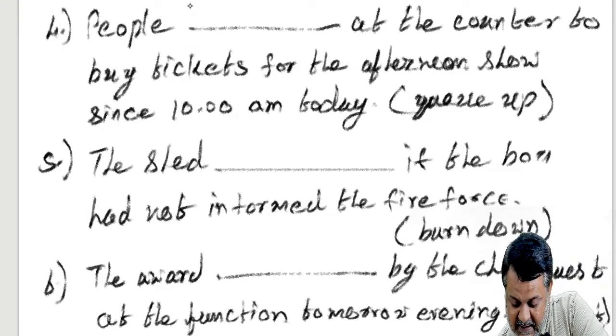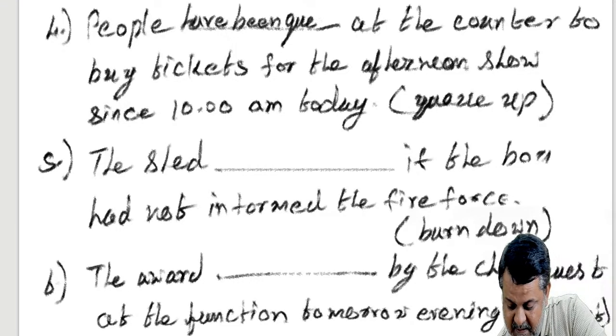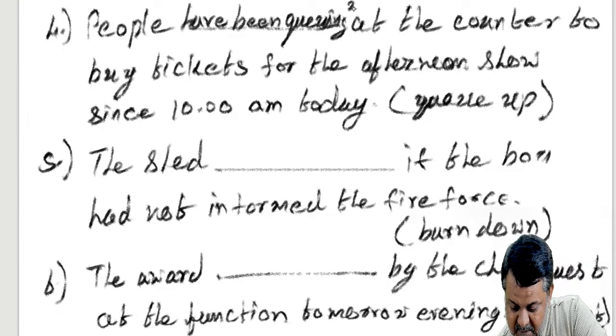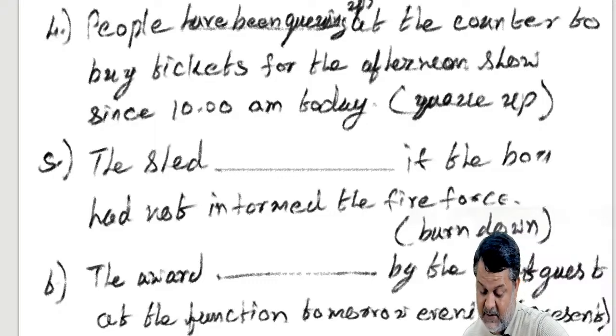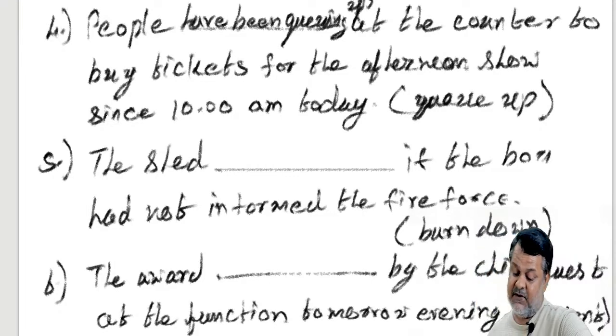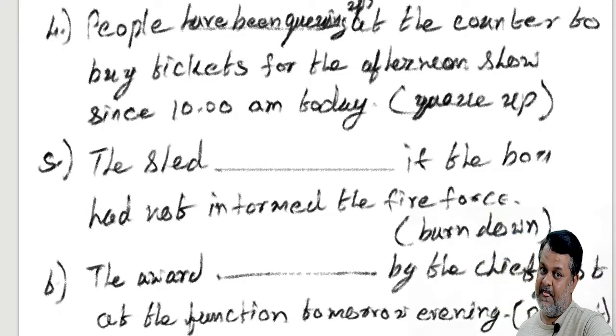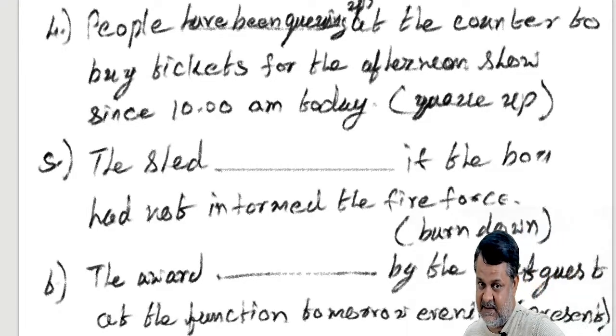It will be have been queuing up at the counter to buy tickets for the afternoon show since 10 a.m. today. So the action had begun in the past, but it is still continuing.